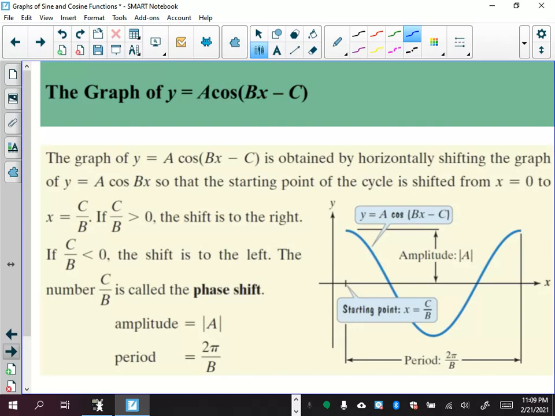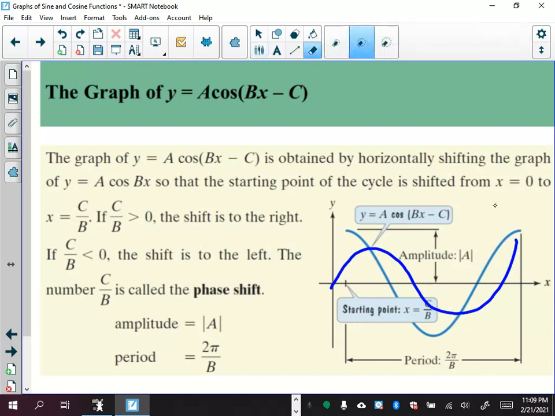And then when you plot the points, it's going to look something like this instead. It's not going to have this little flow here. It's going to have that V-looking flow instead. So that's what you're looking for when you're looking at a cosine graph, that V format.